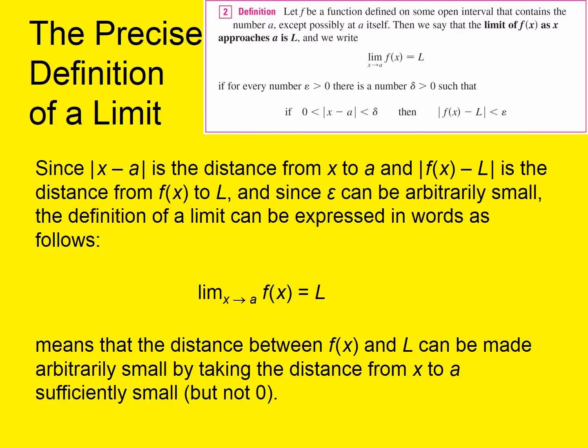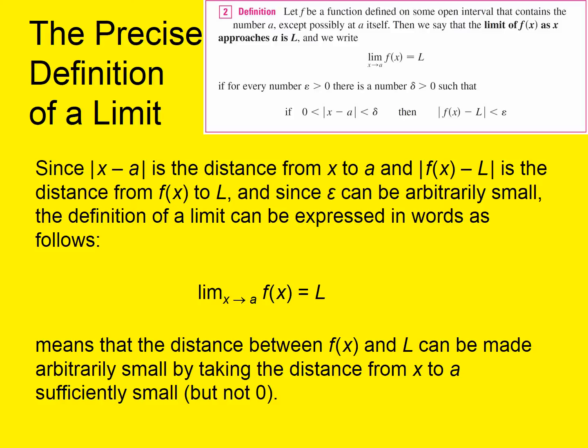Okay, so we've got our precise definition of a limit, and let's investigate it. Since absolute x minus a is the distance from x to a, and absolute f of x minus L is the distance from f of x to L, and since epsilon can be arbitrarily small, as small as anyone wants, the definition of a limit can be expressed in words as follows.